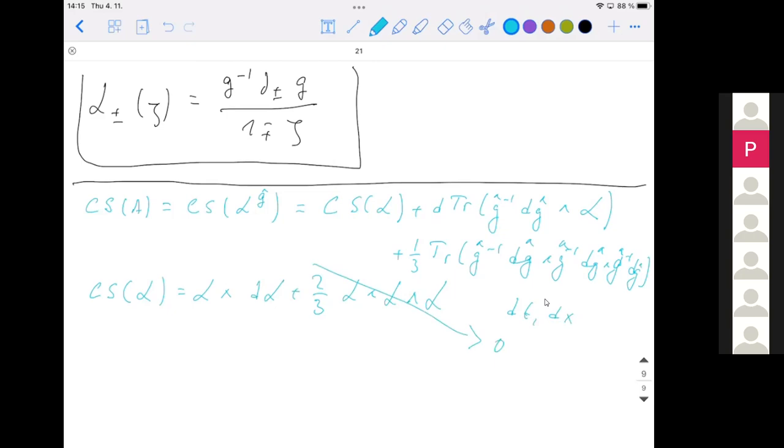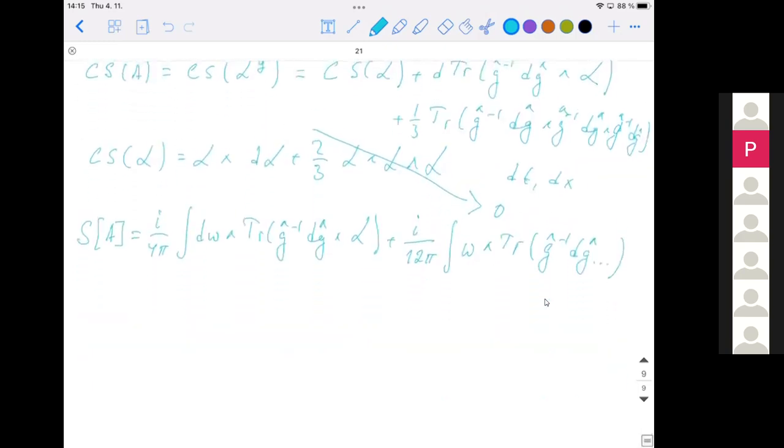And that means that the four-dimensional action is just this. Choice L plus P omega choice this.